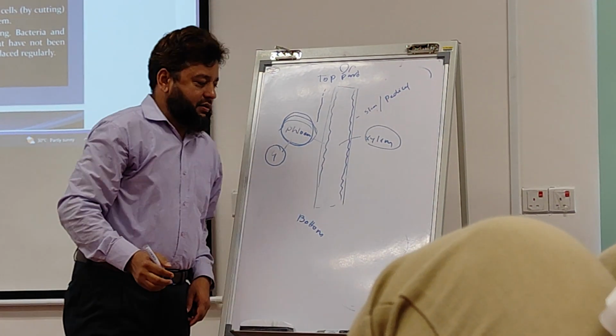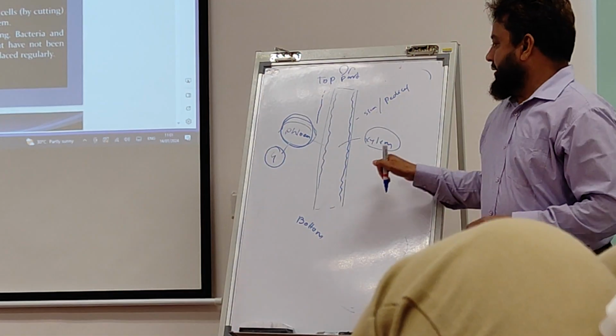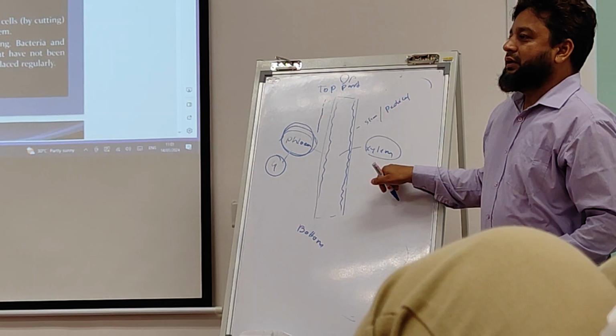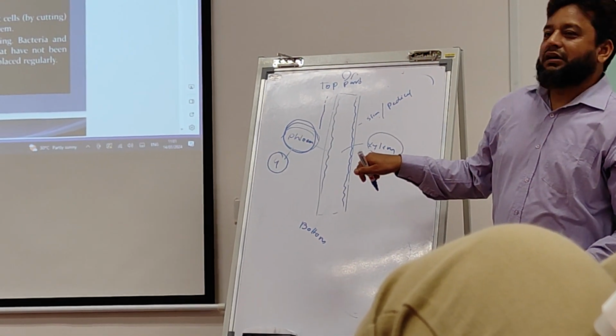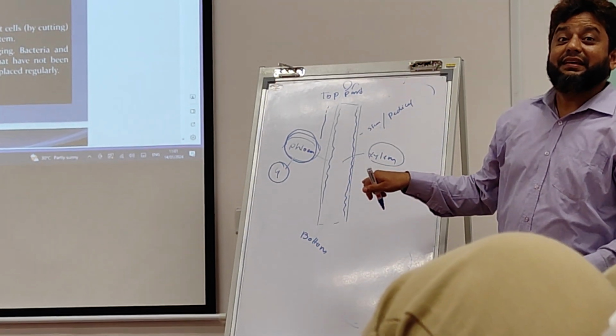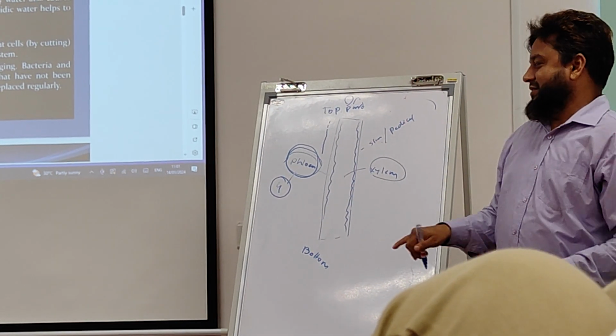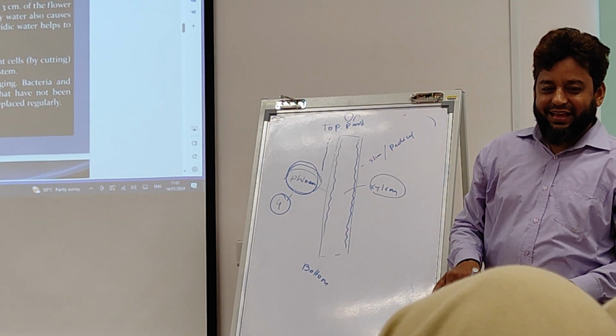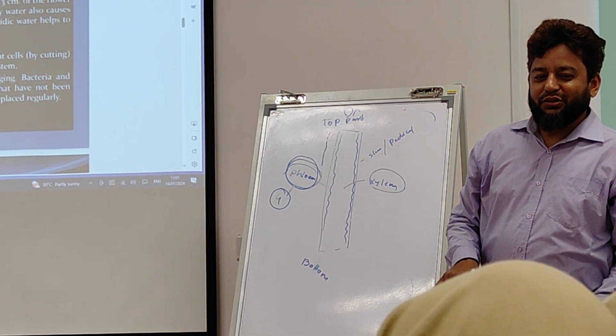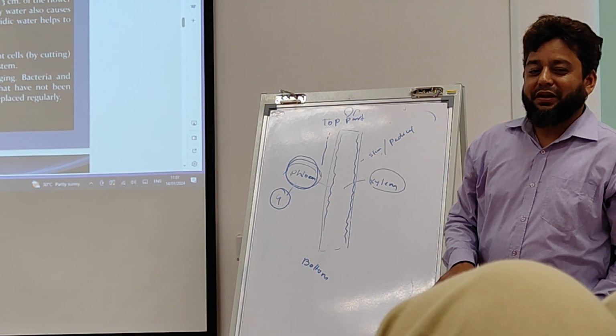Can you tell me the cells of the xylem tissue? One is the tracheid, then the vessel, and then there are XP and also XF. XP is xylem parenchyma.